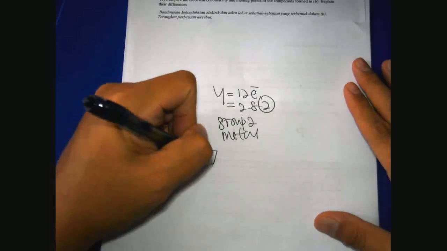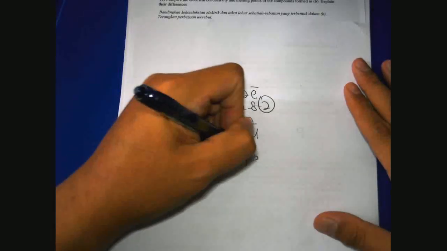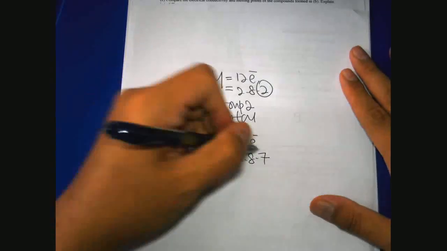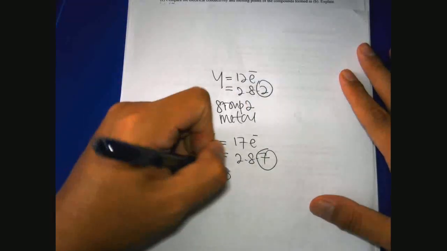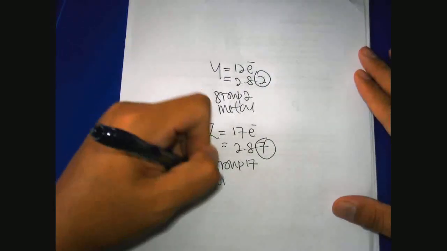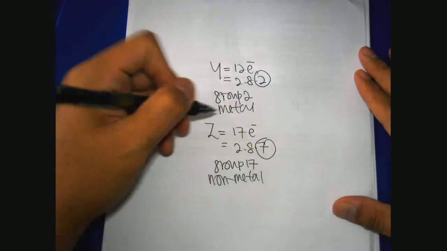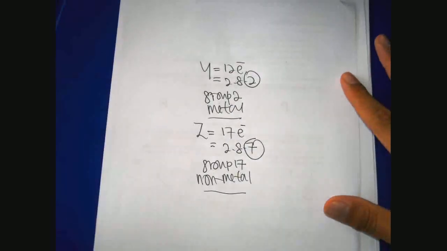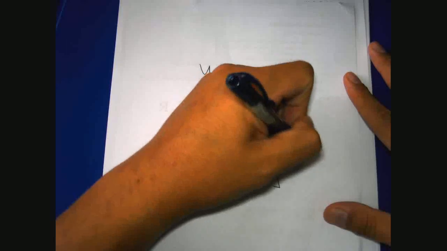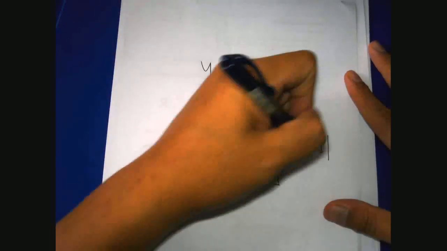Atom Z has 17 electrons, which is 2, 8, 7. 7 outer electrons put it in group 17, which makes it a non-metal. When we have a metal and a non-metal, they will combine to form an ionic bond or ionic compound.